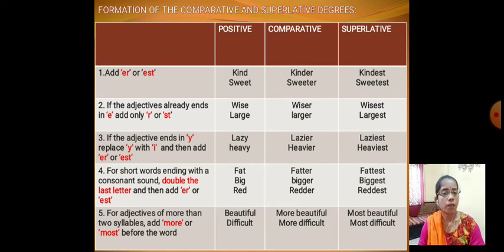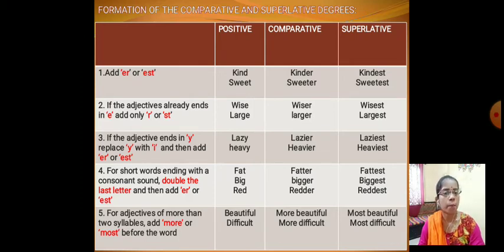It means if the word ends with a consonant sound, you know that a, e, i, o, u are the vowels, and the remaining 21 letters are consonants. If the word ends with a consonant sound, you have to double the last letter and join er or est as a comparative or superlative degree.